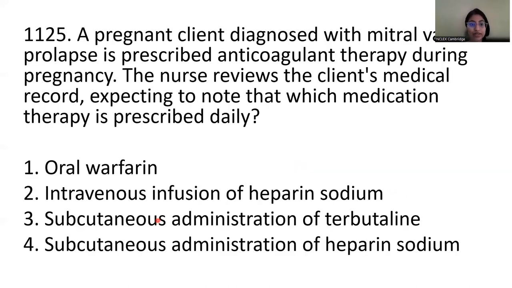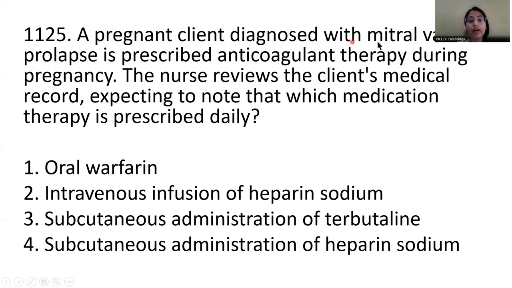Now let's see the next question. A pregnant client diagnosed with mitral valve prolapse is prescribed anticoagulant therapy during pregnancy. The nurse reviews the client's medical record, expecting to note that which medication therapy is prescribed daily. In this question, we have to tell what medication we will give to a pregnant lady if she is having anticoagulant.